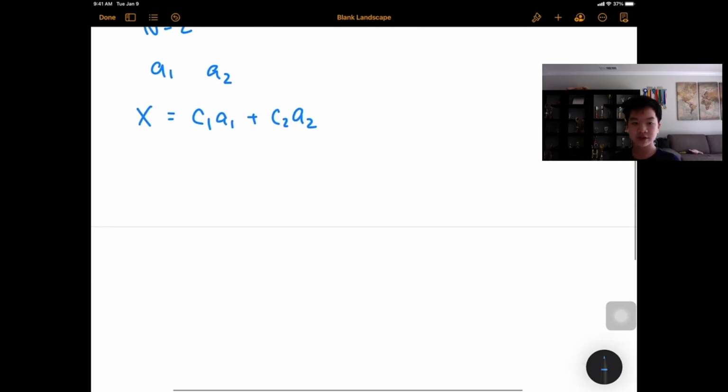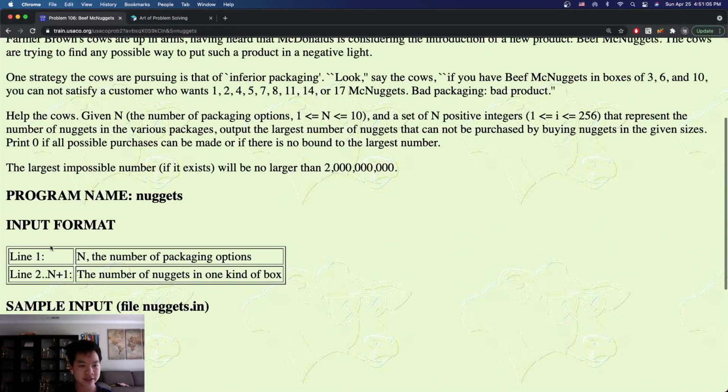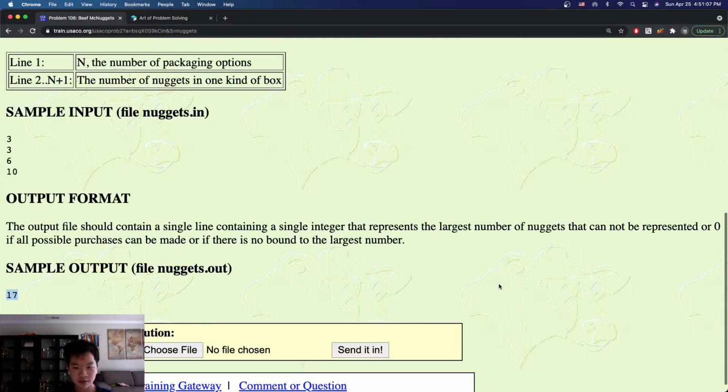Right, so the first thing that we want to do is determine if there's going to be an infinite amount of amounts that we can't make. What we're given over here is that if there's no bound to the largest numbers, then we're just going to print 0.